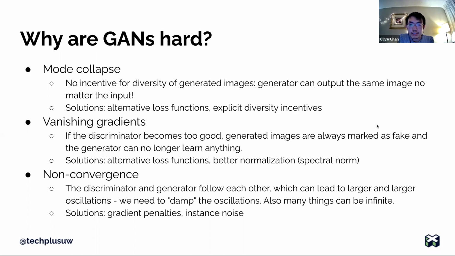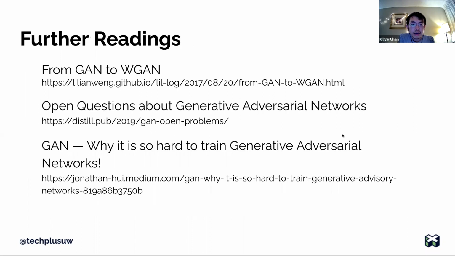All right. Further readings. Another thing you can do in the next hour is read these and ask questions, because these are actually really, really good articles that can teach you a lot if you spend the time to dig in and understand them. So WGAN is an architecture that solves most of the problems that were listed on the previous slide.